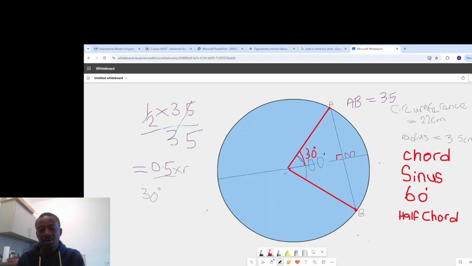And if you are looking at the position, you can say that the point, in this case point A, is about half of the length of the radius above the horizon.